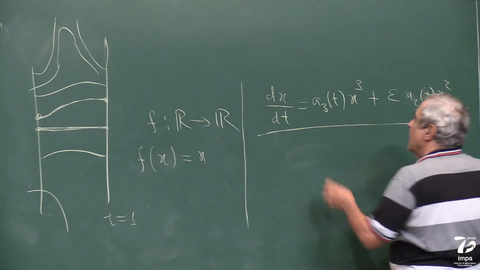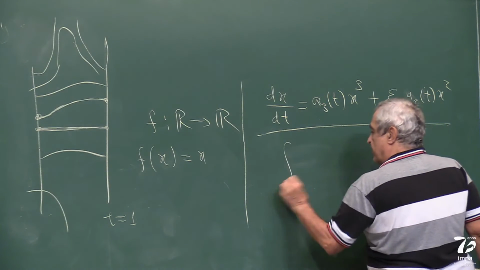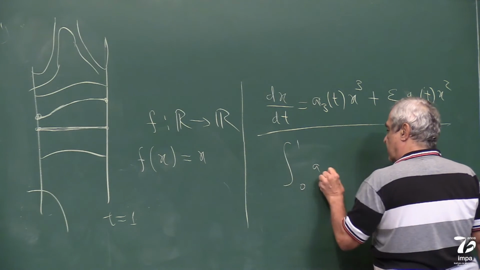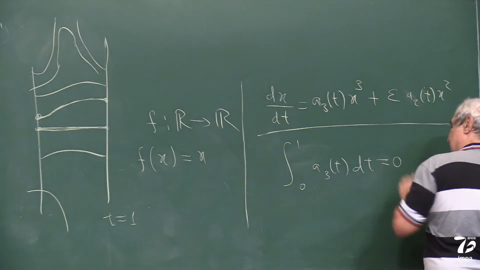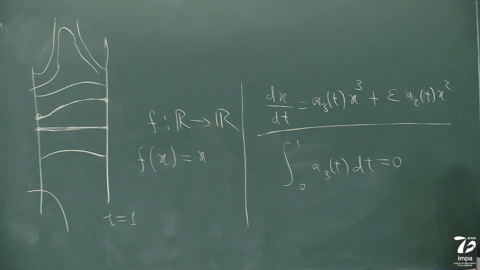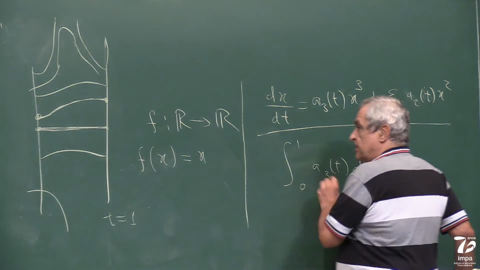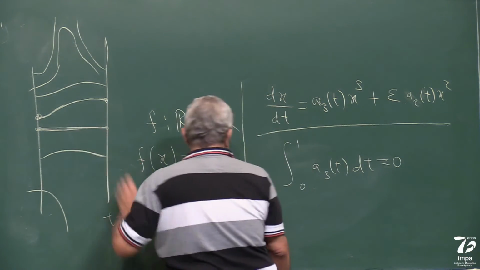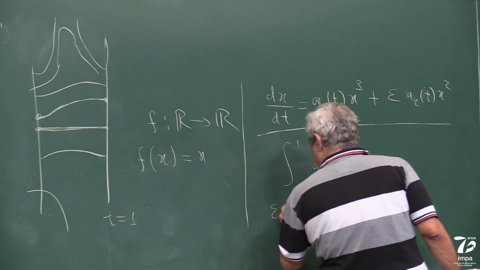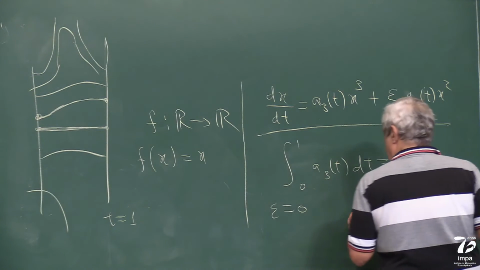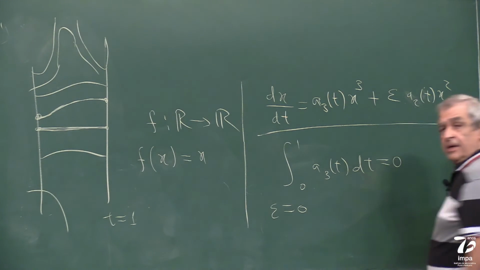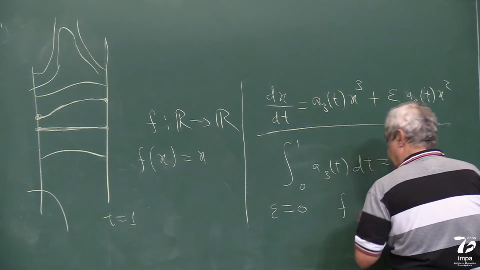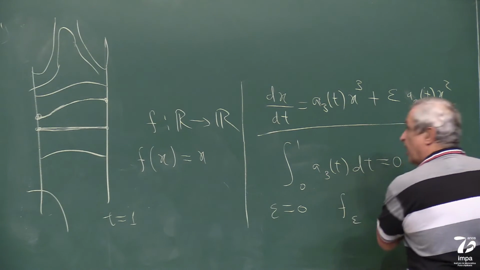And I will assume that this is 0. So when epsilon equals 0, it is a center.